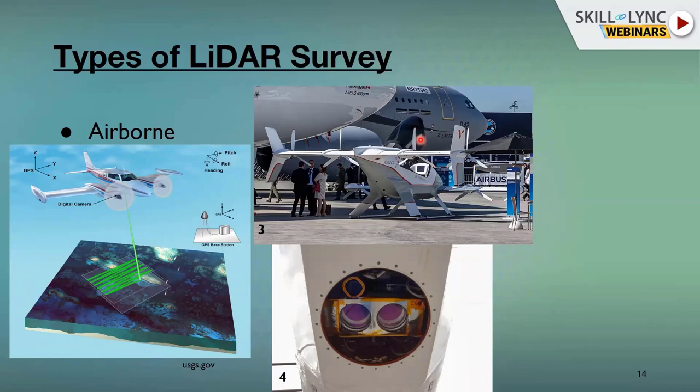Airborne means that once we create the flight path, based on that flight path the data is captured using the LiDAR sensors as well as the aerial imagery. It is a parallel activity, both datasets are captured simultaneously, and stored in internal equipment like a hard disk, or they might use a laptop.